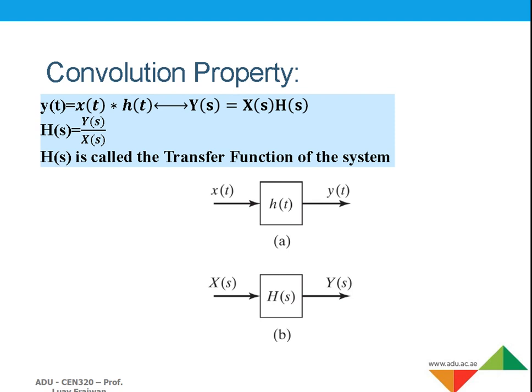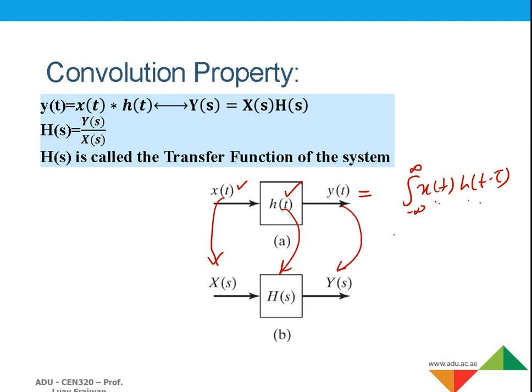Convolution property is a very important property, like in the Fourier transform. If you have a time domain function and an impulse response, and you want to calculate the system response, we know that the convolution is this. If you take its Laplace transform, they are convolving in time domain but in frequency domain they will be multiplying.